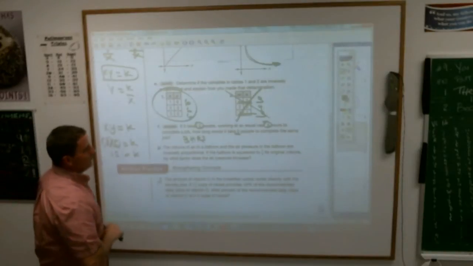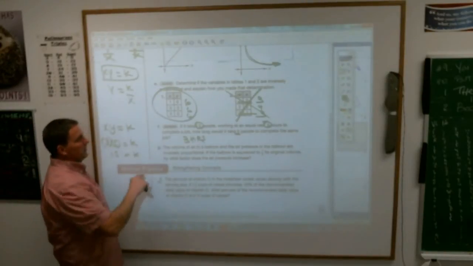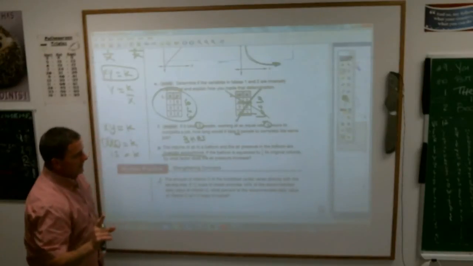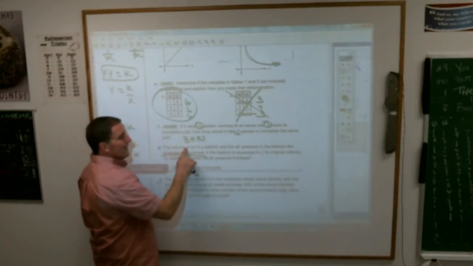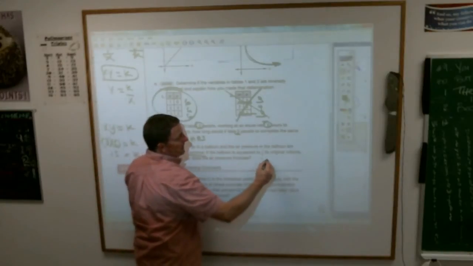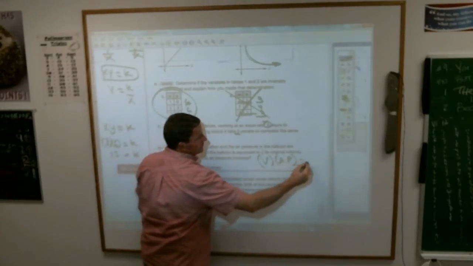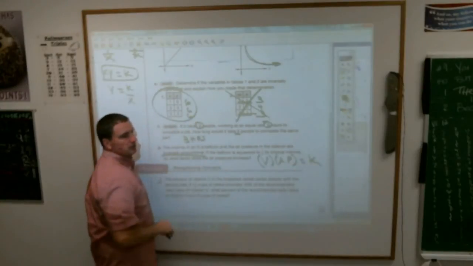Letter G. The volume of air in a balloon and air pressure in the balloon are inversely proportional. So right away, what should you write out? Volume times air pressure have to give you some constant, because that's inverse proportionality.